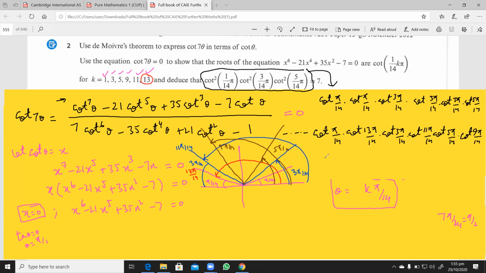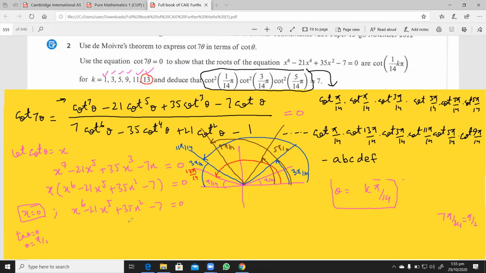So now minus into minus into minus, I can say this is minus A, B, C, D, E, and F. What is your A, B, C, D, E, F value over here?